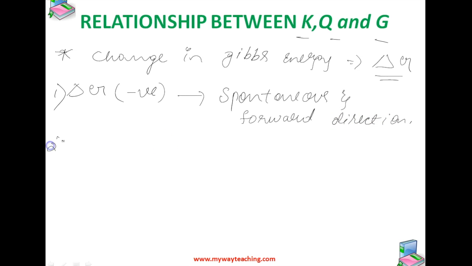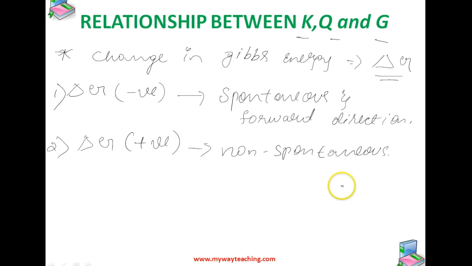Okay, and next, when delta G is positive, the reaction is considered non-spontaneous. Instead, as the reverse reaction would have a negative delta G, the products of the forward reaction shall be converted to the reactant. So it is not forward; here it is in the reverse direction.